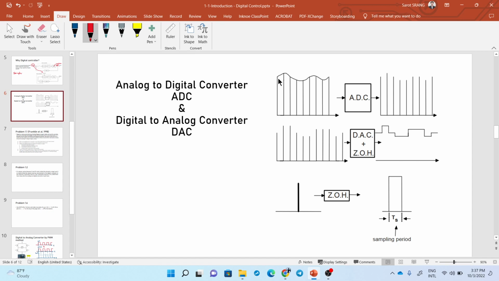Let's say if you have continuous signals like this, and in the simple case the signal is just a voltage from a battery, so it can be just straight. But if you need to sample data at different times, you need a device to do that.